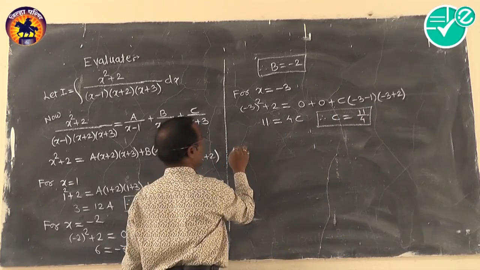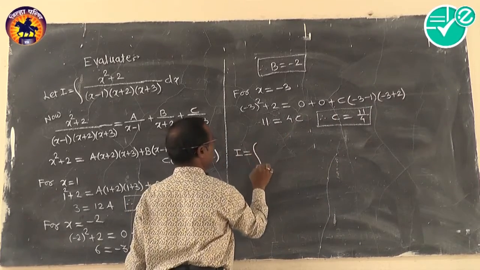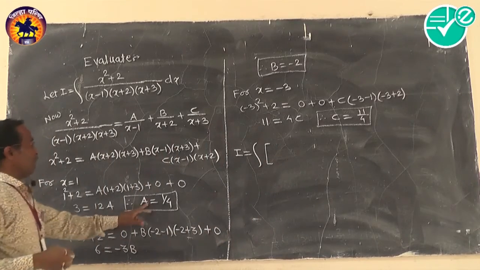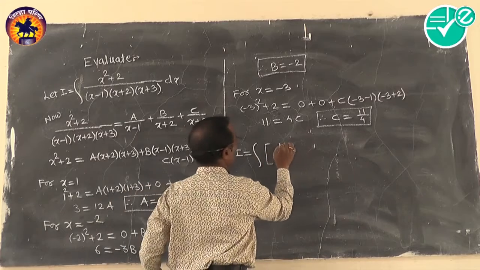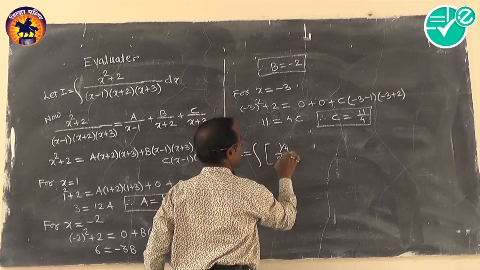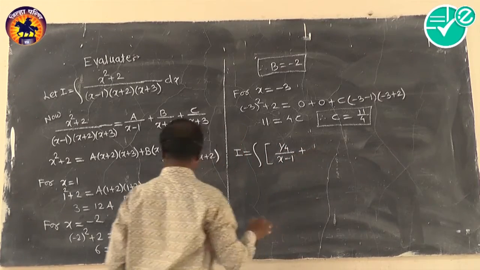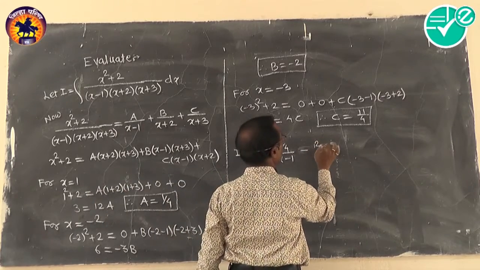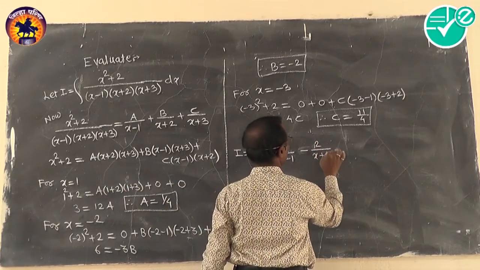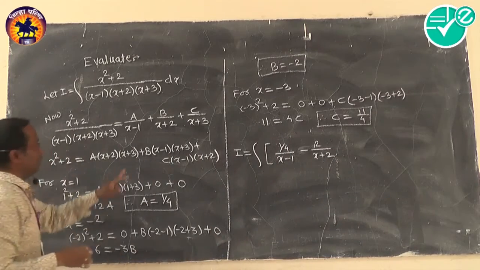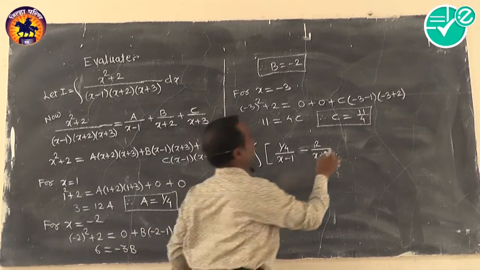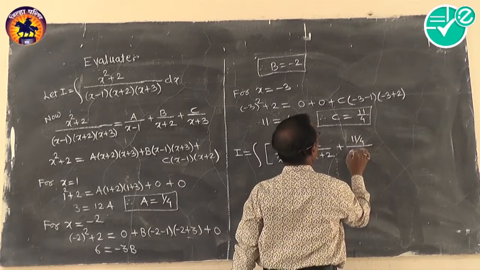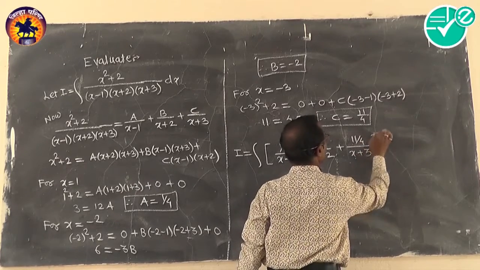Therefore, the given integral function can be written as: value of a is 1 by 4, so 1 by 4 upon x minus 1, plus value of b is minus 2, so minus 2 upon x plus 2, plus c, and value of c is 11 by 4, upon x plus 3 dx.